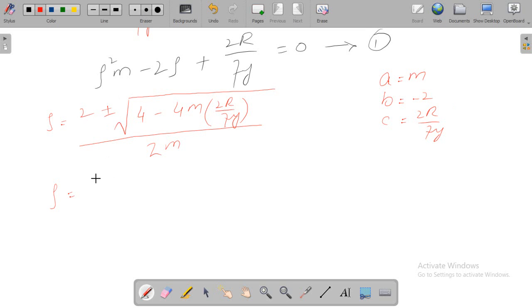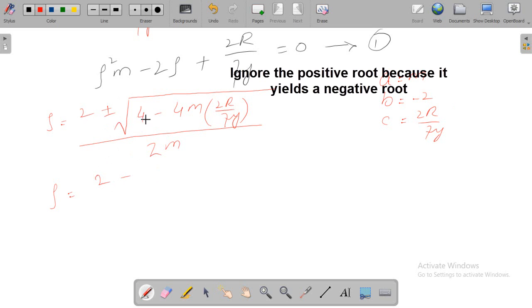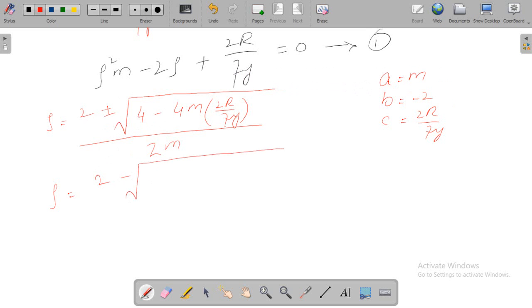So let's say 2 minus, and here we have 4 and 4, so taking 4 common, we have 1 minus 2MR divided by Fy, and here we have 2M.